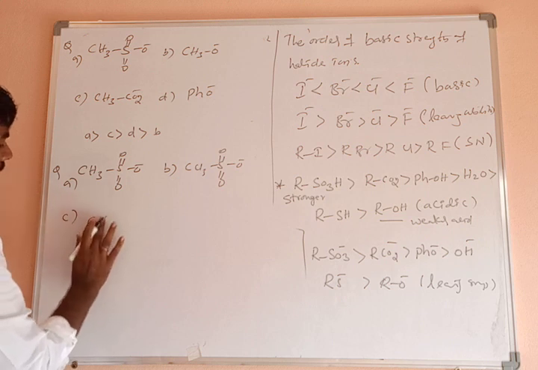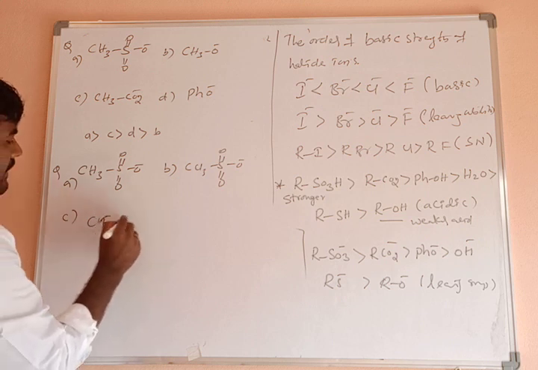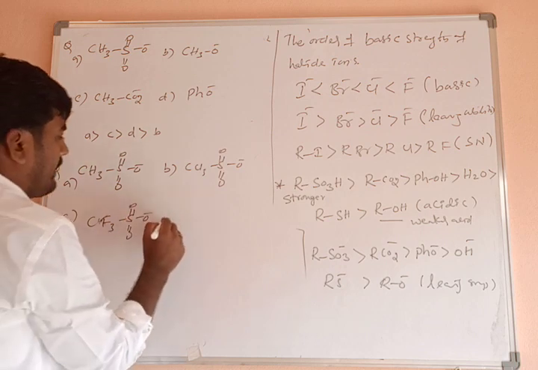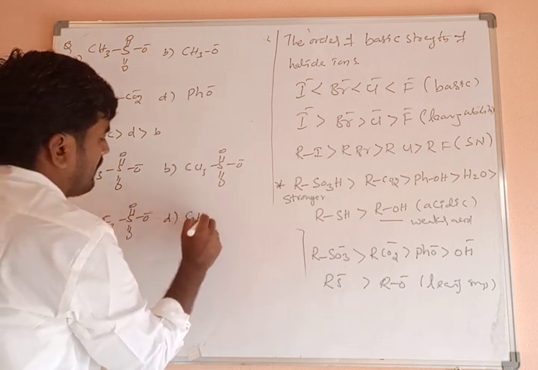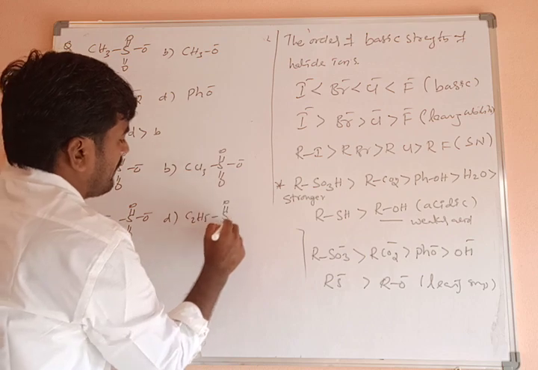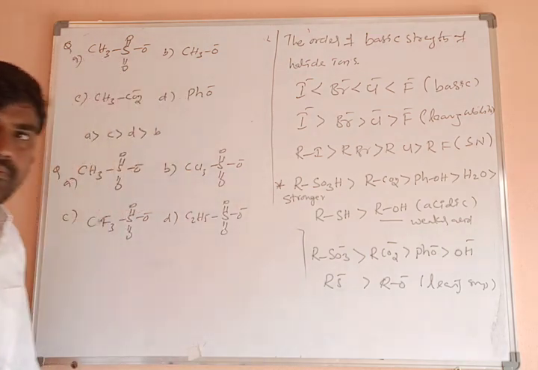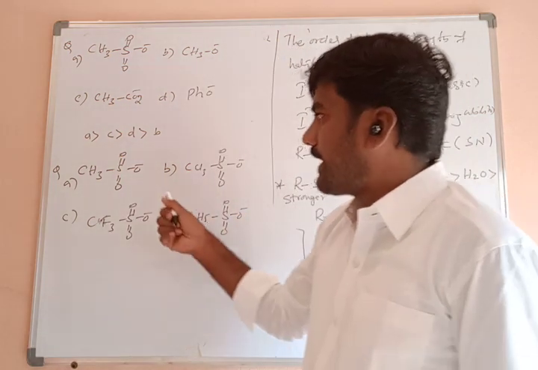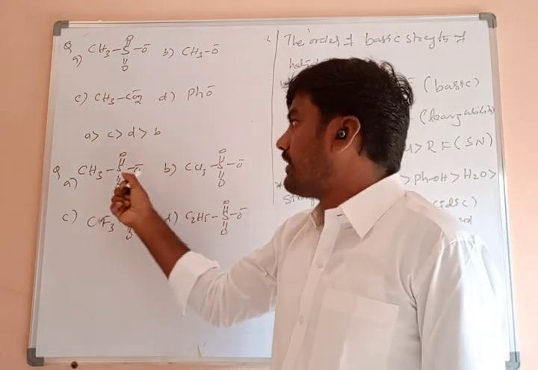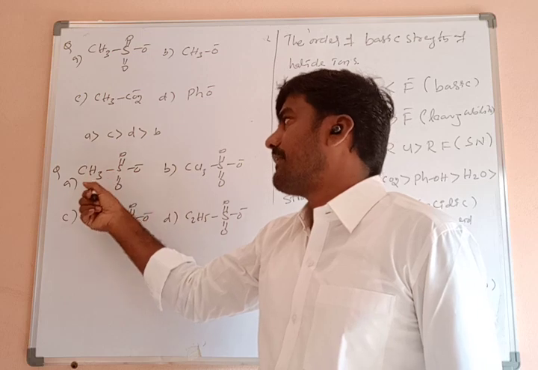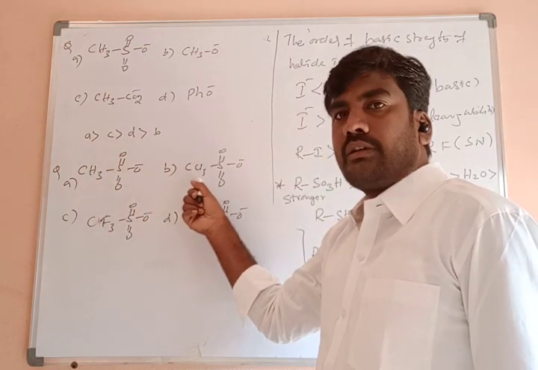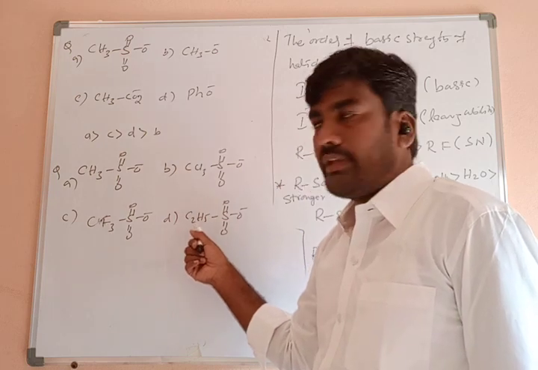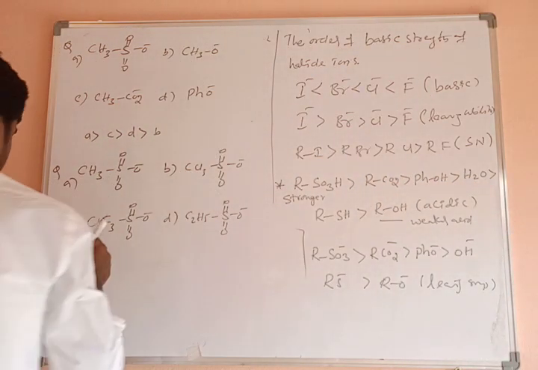C, CF3SO3 negative, and D, C2H5SO3 negative. Clear? Now all are generated from sulfonic acid. Sulfonate anions are there, but the groups linked to the sulfur are different. Here a methyl group is there, here a CCl3 group is there, here a CF3 group is there, here an ethyl group is there. Clear? Here one condition is there.